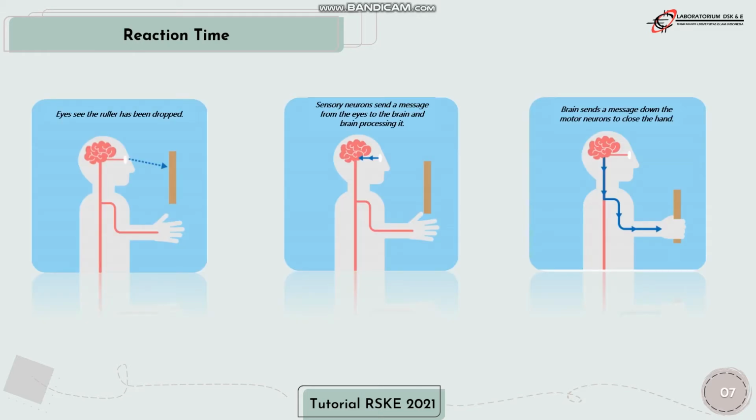So, in order to understand more clearly the process of reaction time, let's try to understand the following illustration. In the following picture, there is a stimulus in the form of a falling ruler. The stimulus forms a sensation in the form of the eye seeing a falling ruler and passing the information to the brain.